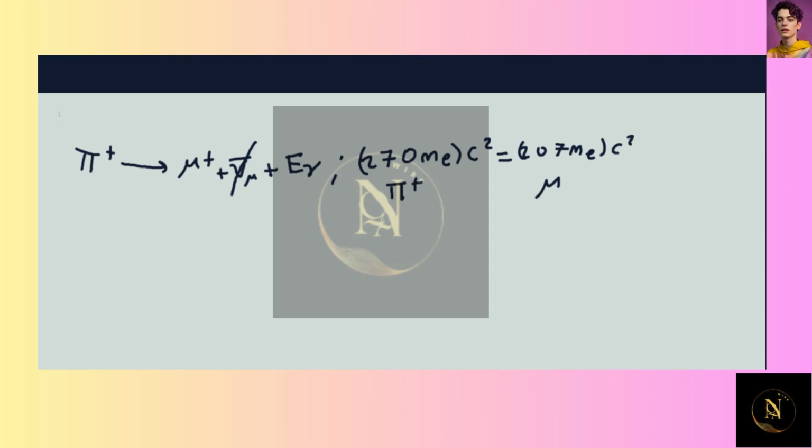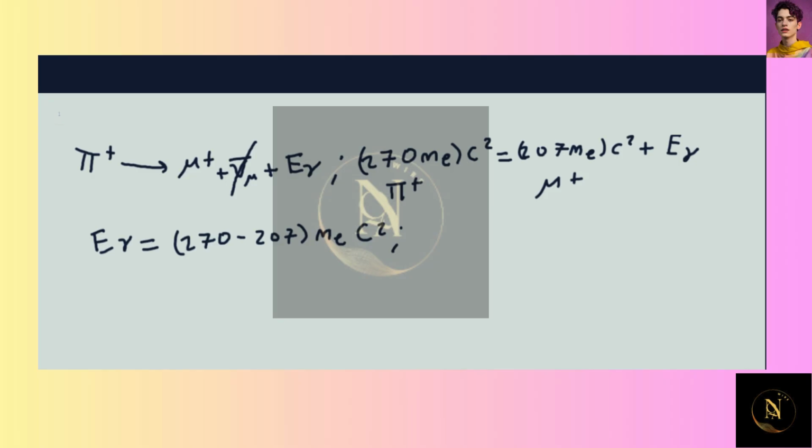That's the muon, plus excess energy completes the reaction. And so algebraically, we can just solve it this way. The photon is going to be the difference in these, so 270 minus 207 mass of the electron times c squared is going to give us the energy.